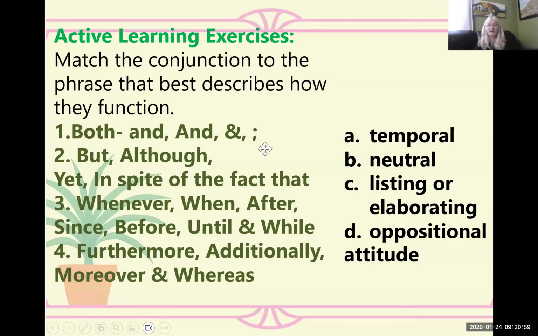Okay. I want you to match the conjunction to the phrase that best describes how they function stylistically. They're all going to be translated as conjunctions, as "and": both "and", the ampersand, and the semicolon. But, although, yet, in spite of the fact that, whenever, when, after, since, before, until, and while.